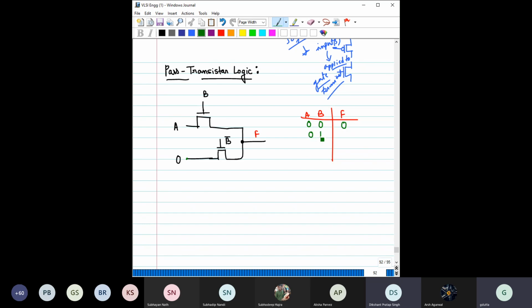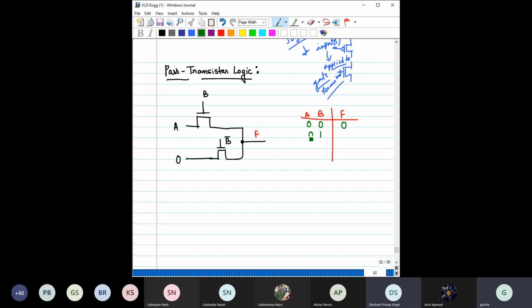Now let us say A is 0 and B is 1. Here you have applied 1 to this B, which makes this one off. This is B bar, and that makes this one on. When this transistor is on, it is shorted with A. But what is the value of A?